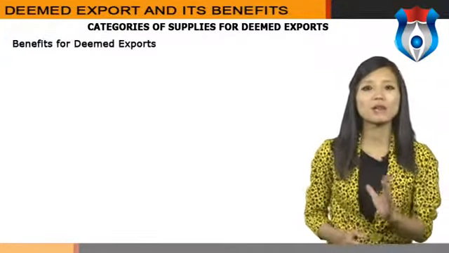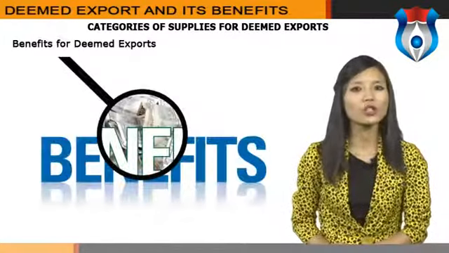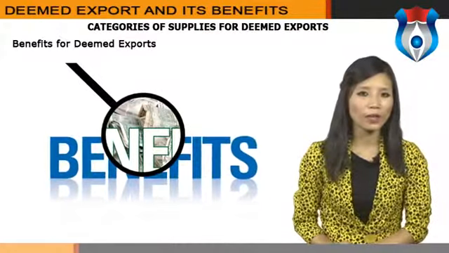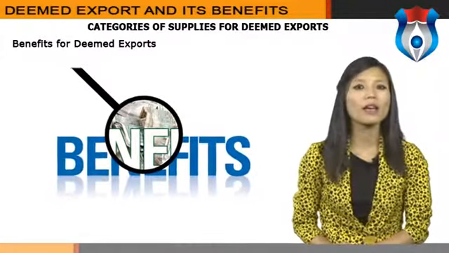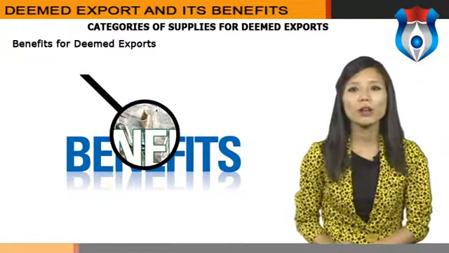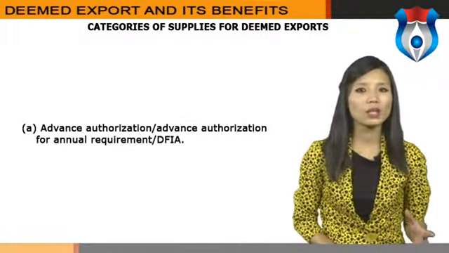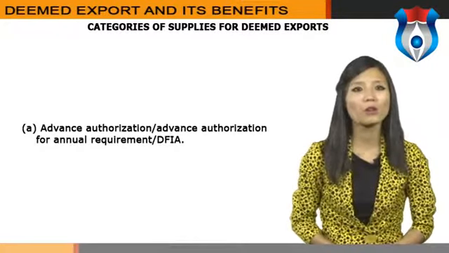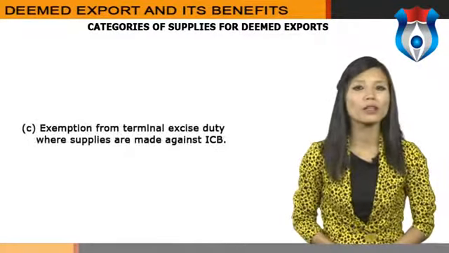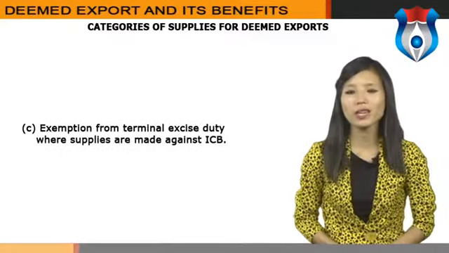Benefits for deemed exports. Deemed exports shall be eligible for any or all of the following benefits in respect of manufacture and supply of goods qualifying as deemed export, subject to terms and conditions as in HBP V1. Advance authorization or advance authorization for annual requirement, DFIA, deemed export drawback, exemption from terminal excise duty where supplies are made against ICB.